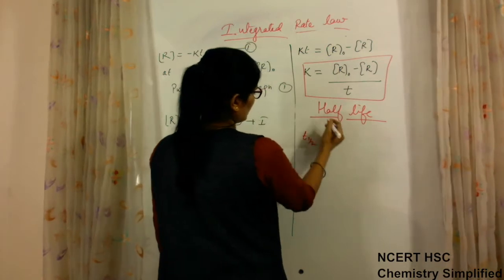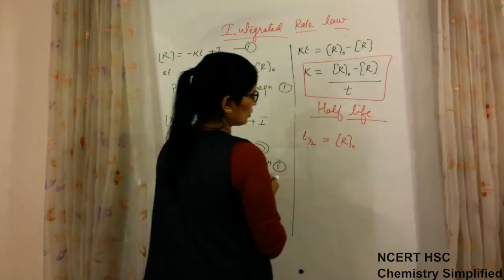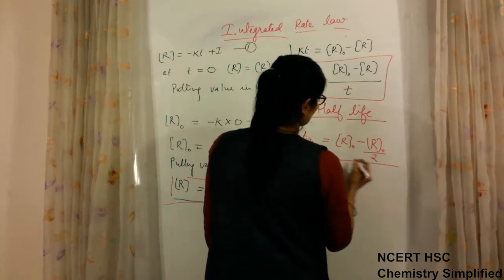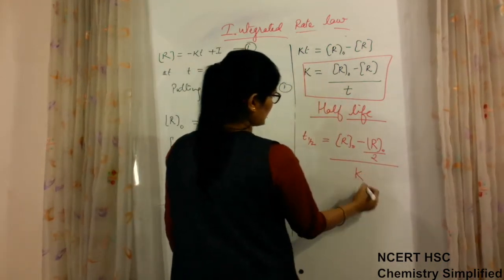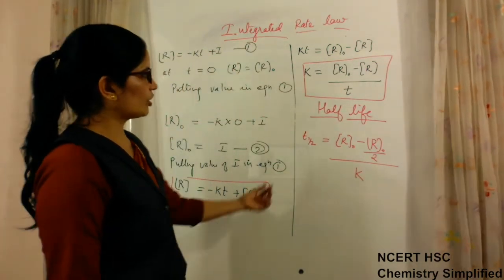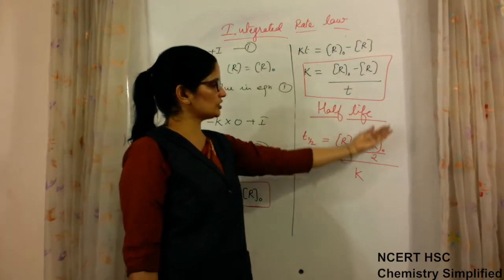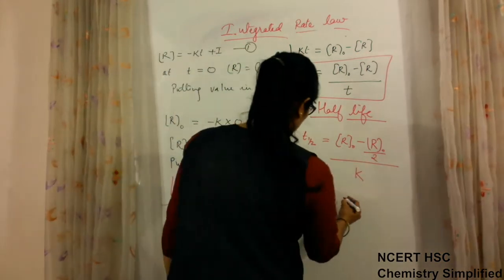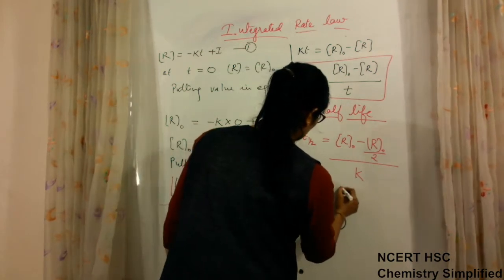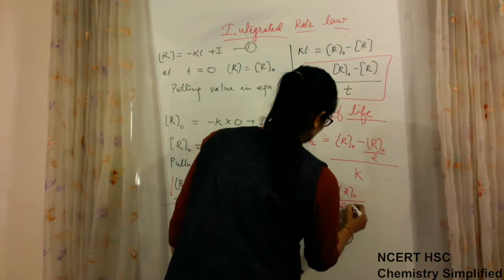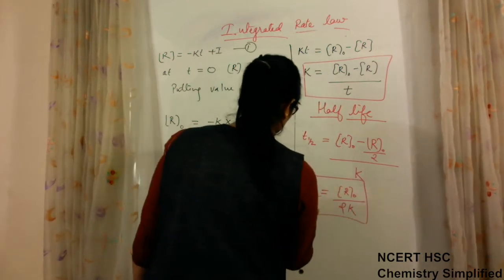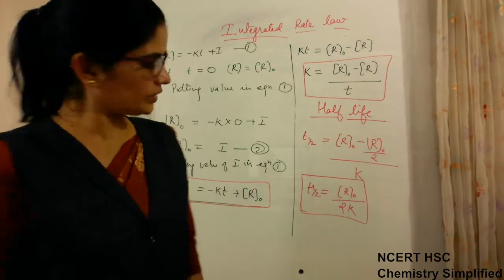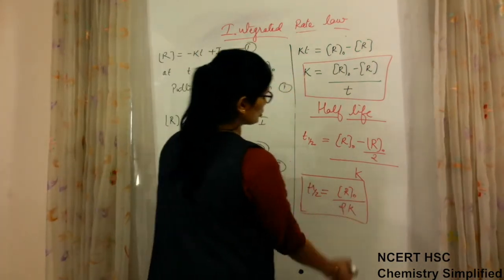T half is the time when the concentration becomes half, so for calculating T half, half the concentration is used, so what is left is half of it, R0 by 2. So T half is equal to R0 upon 2K.